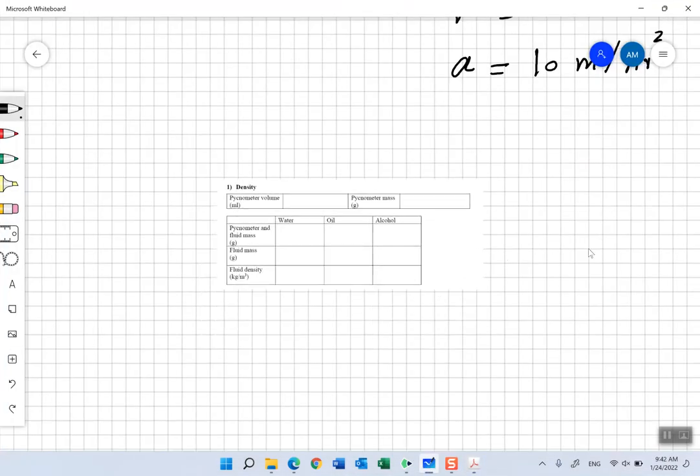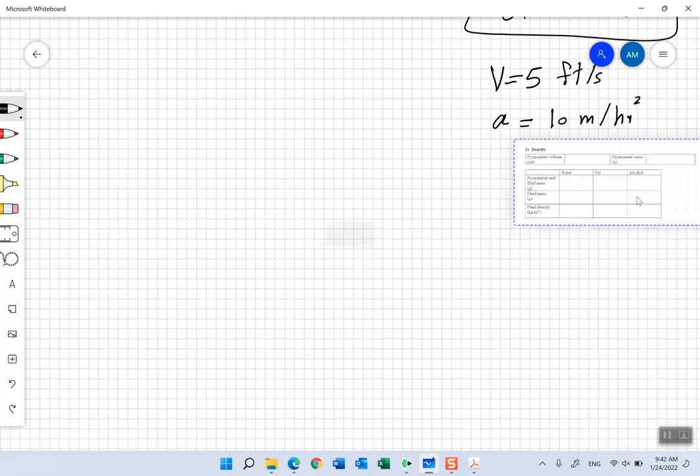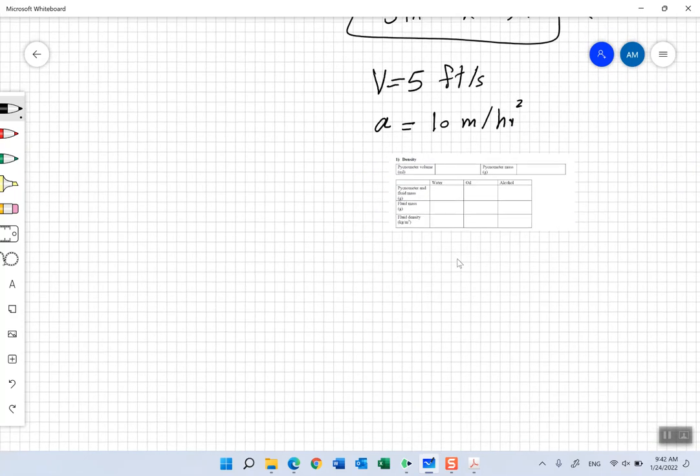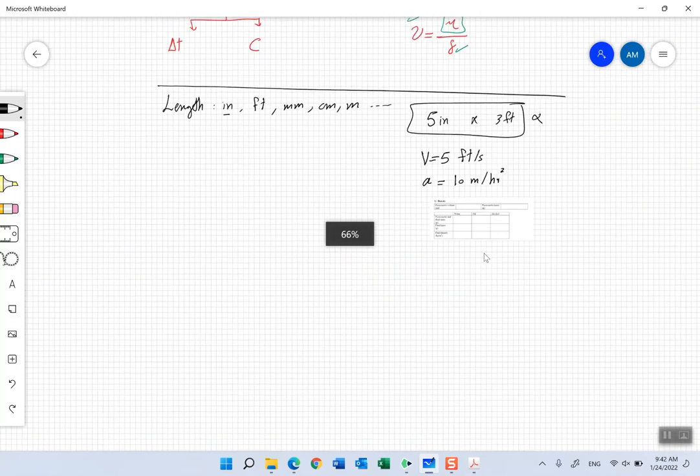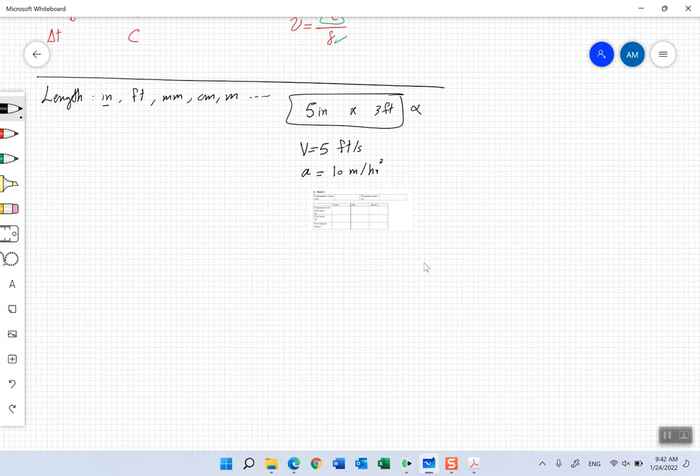So because this is our first lab, I will stress a little bit on this units issue, but for the rest of the labs, I won't give it that much importance because you will already know how to handle it.